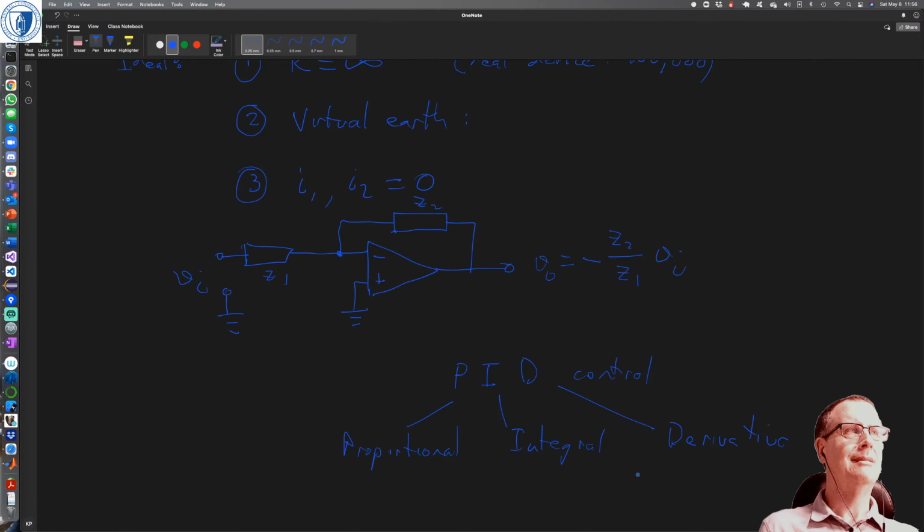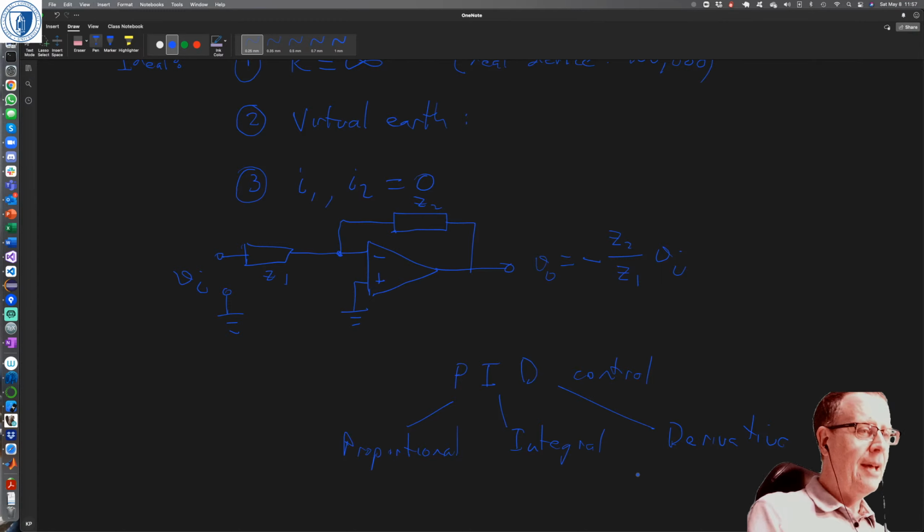An op amp that just gave you gain, which would give you the proportional piece, an op amp that would give you an integral action, and an op amp that would give you the derivative action. Okay, so that was why.